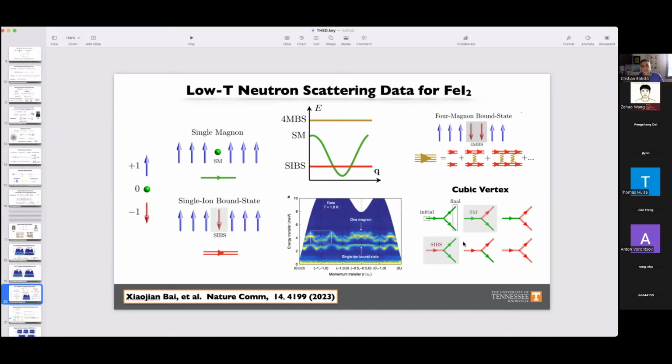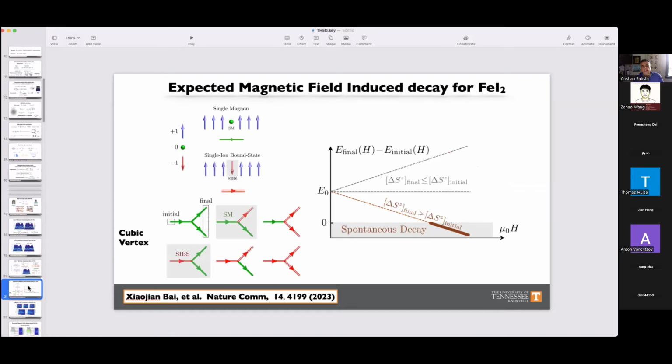Moreover, if you consider the cubic vertices, you have a richer spectrum of them because you can have, for instance, a magnon that decays into two magnons, or a magnon that emits a quadrupolar mode, or a magnon that decays into two quadrupolar modes, and so on and so forth. So if you want to attack the problem via the usual loop expansion, it's a really heavy, complicated problem.